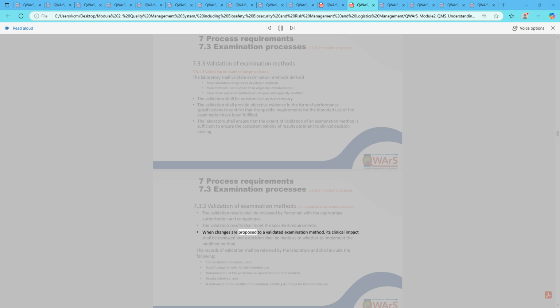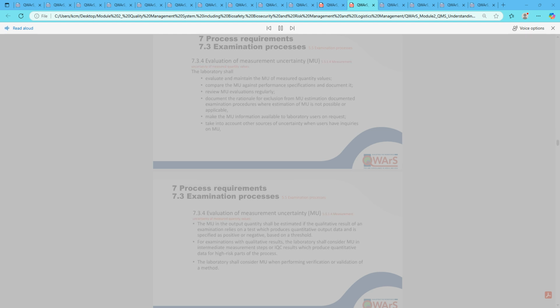When changes are proposed to a validated examination method, its clinical impact shall be reviewed and a decision shall be made as to whether to implement the modified method. The records of validation shall be retained by the laboratory and shall include the following: the validation procedure used, specific requirements for the intended use, determination of the performance specifications of the method, results obtained, and a statement on the validity of the method, detailing its fitness for the intended use.